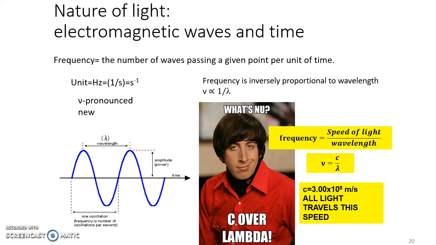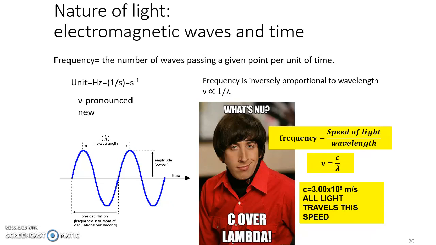Speed of light, this is a number you do have to know. It will not be given on exam 2. The speed of light is 3.00 times 10 to the 8th meters per second. Notice this unit, meters per second. That means when you're dealing with wavelengths, you have to convert to meters to make sure all the units cancel out.